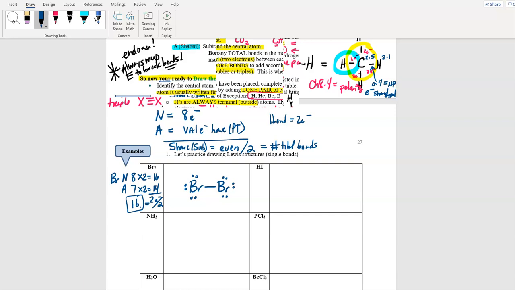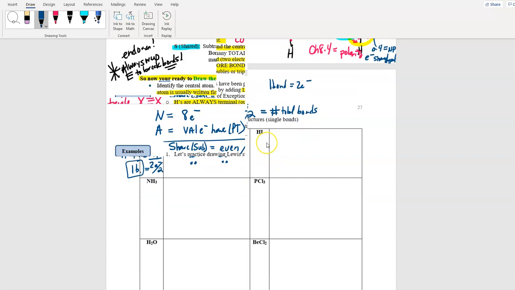But let's try one with hydrogen. Let's go straight for the gusto. H, and I'll do my math over here since I write huge. I'm going to do the math for hydrogen and iodine. So need. Hydrogen needs 2.